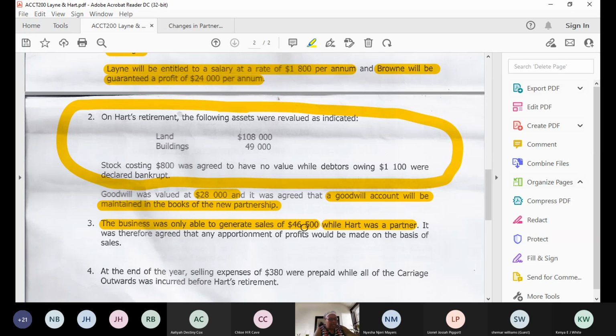Tell me something about that. What do you think about that? If only, what percentage then? Can anybody tell me what percentage of the sales were generated while Hart was there?